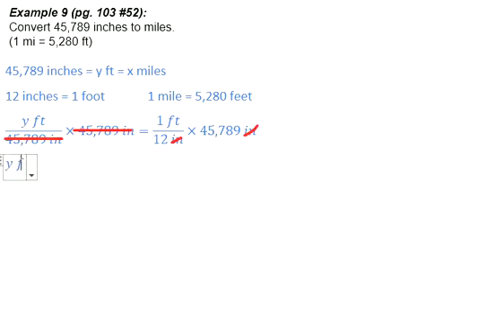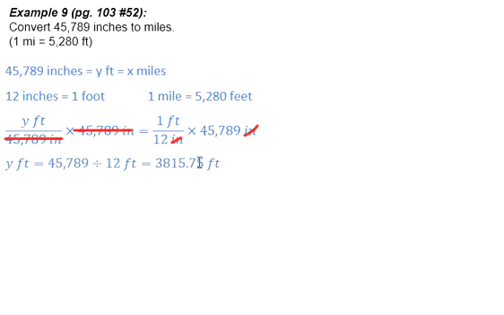So I get that my y feet is equal to 1 times 45,789 divided by my 12 inches. So dividing that out, I get 3815.75 feet.